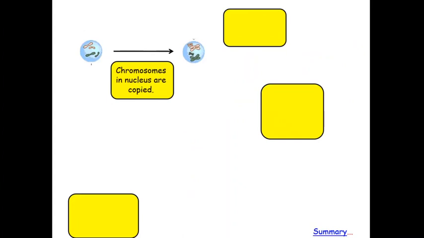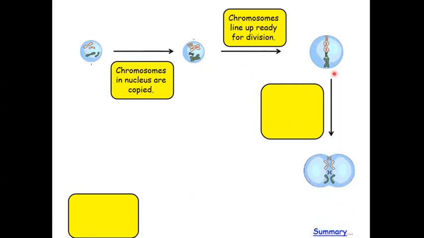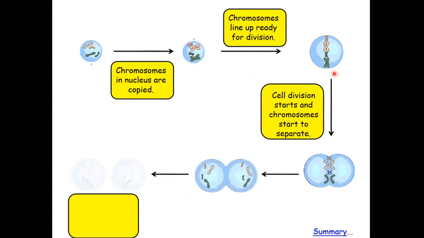So the chromosomes in the nucleus are copied. Then they line up down the center of that cell ready for division. And again, it's a very simplified diagram. Imagine that we've got our 23 pairs on either side here, lining up down the center of the cell, ready to get pulled apart, to separate as part of cell division. And we end up with 2 cells that are identical to the first.